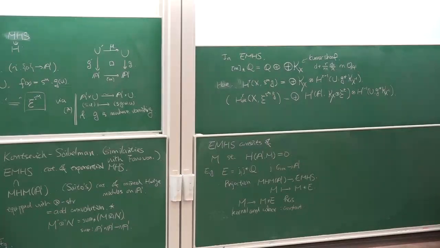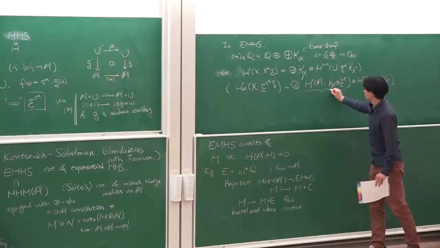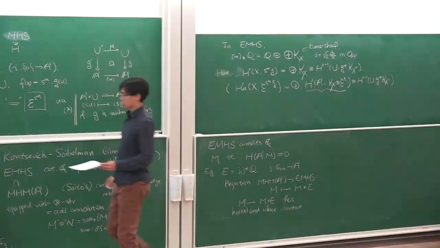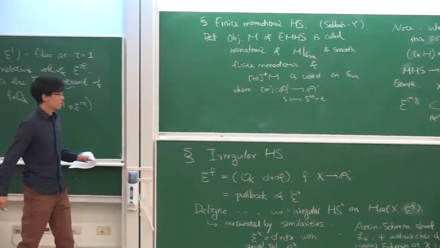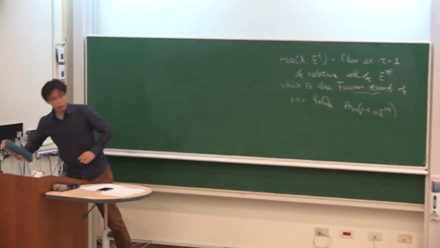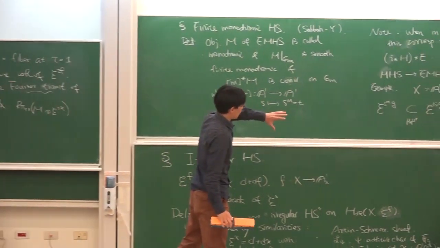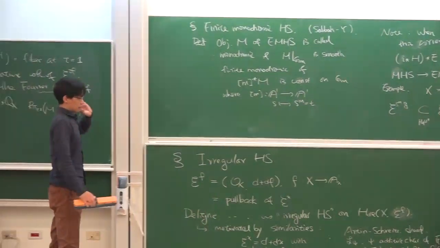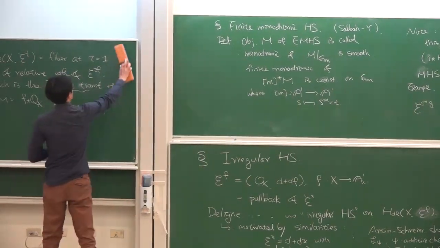Okay, so actually this is the motivation of this talk: we want to use another, more classical approach to these finite monodromic ones, and then consider this, using the more Hodge-theoretic consideration.